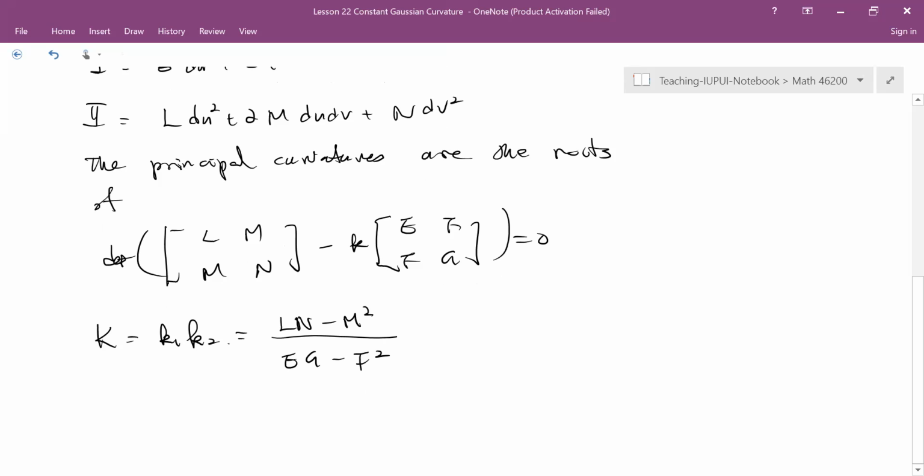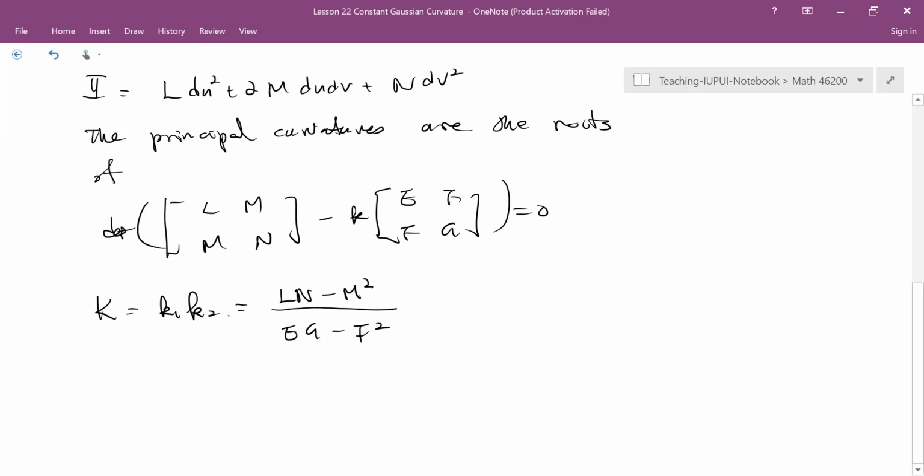Now for the surface of revolution, we have the formula. This is example 8.1.4 in the book, and I also did the computation.